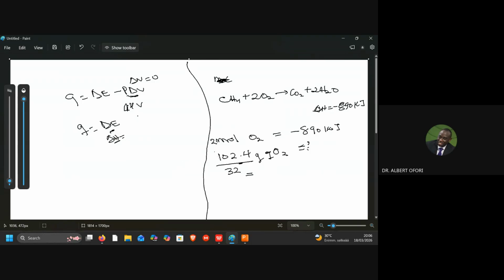Yes, that's like 3.2. Okay. Now this is equivalent to what? Well, in that case, divided by 2, times the minus 890 should give me my new energy, or my new enthalpy. So this divided by 2 times the minus 890 should give you what?